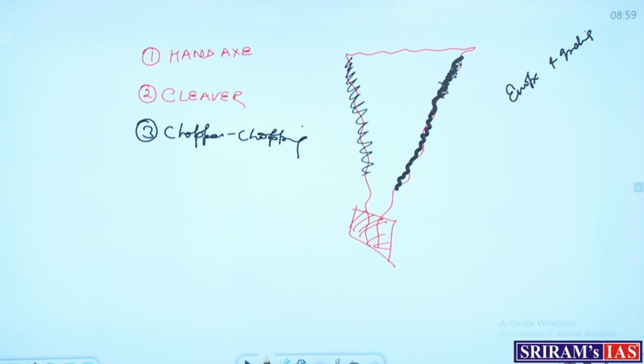Tools at many places, but there was no definite evidence of the presence of humans. So this is a limitation of Indian Paleolithic.